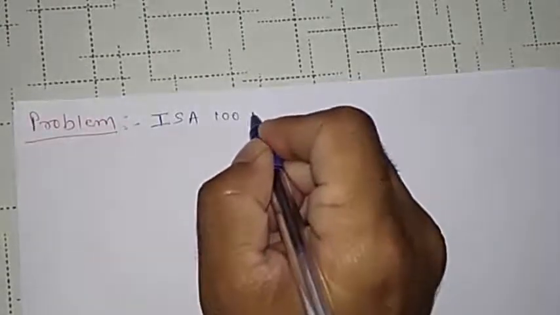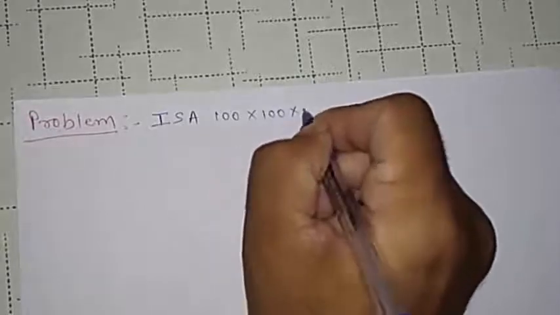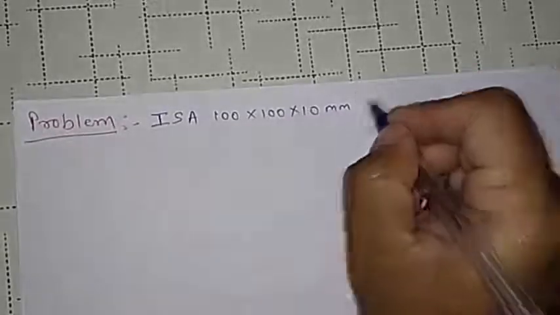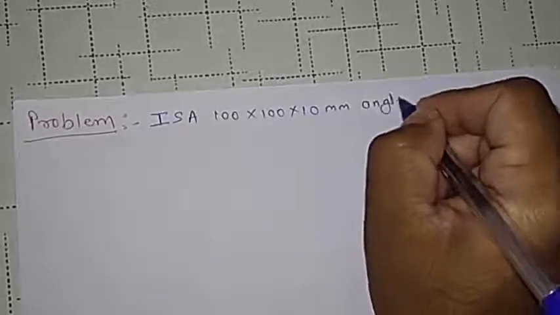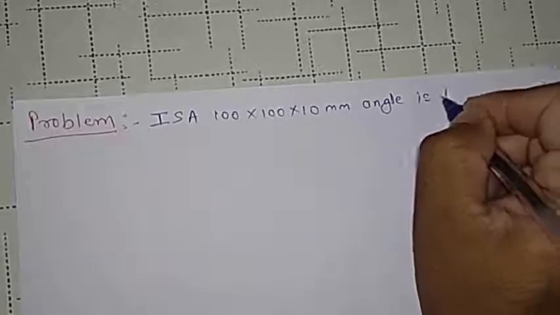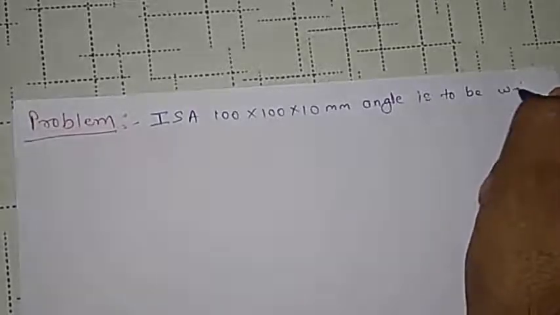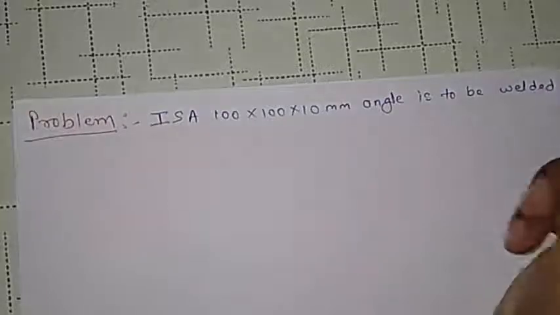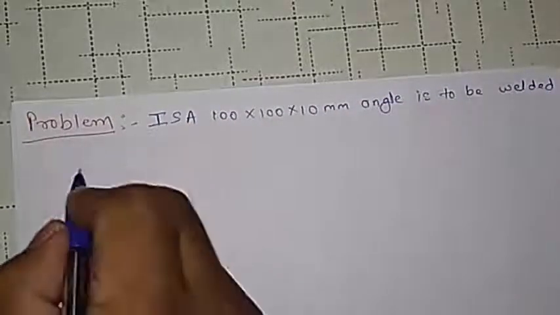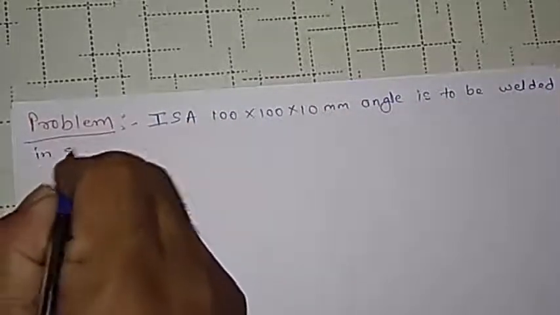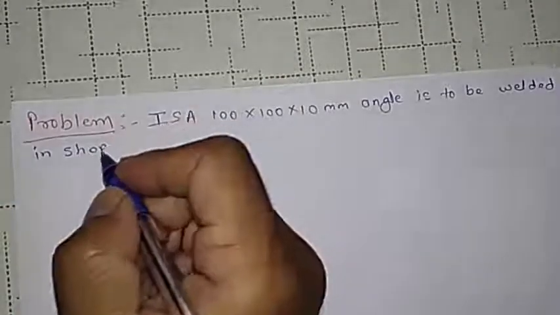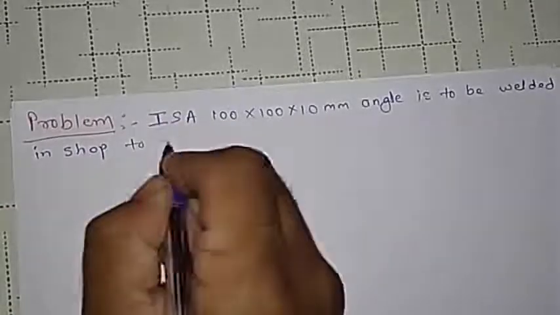Indian standard angle section 100 by 100 by 10 mm angle is to be welded in shop to a 12 mm gusset plate.